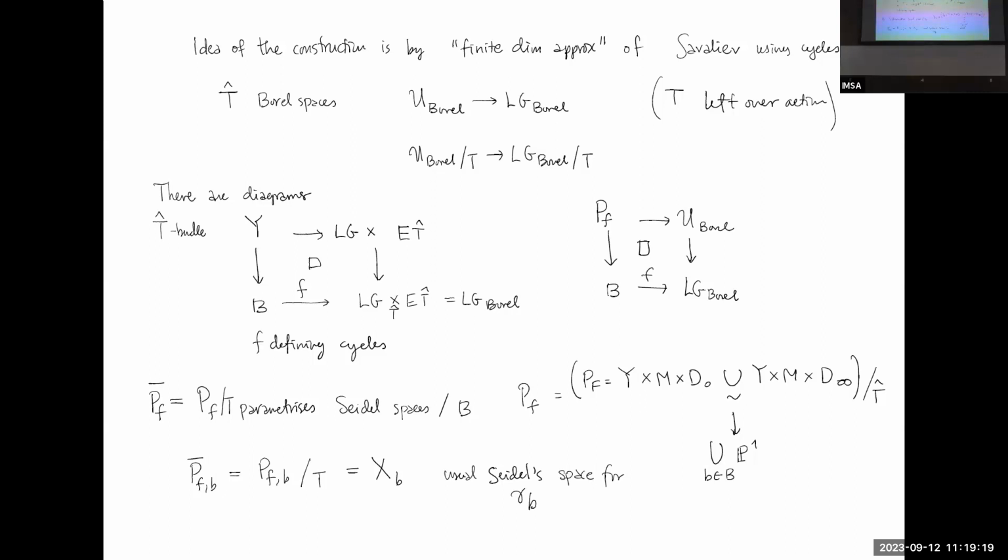And so for any cycle that you have, or for any map from a certain manifold B, this is a finite dimensional manifold, the base that I have there, so for every map that goes from that B into the Borel space of LG, remember the Borel space that I am taking is with respect to the T-hat action on LG.